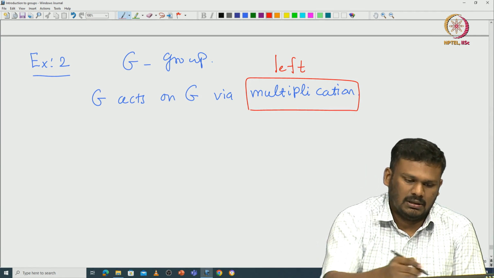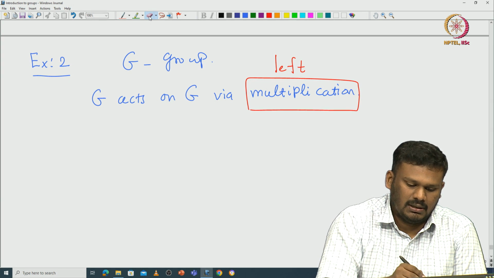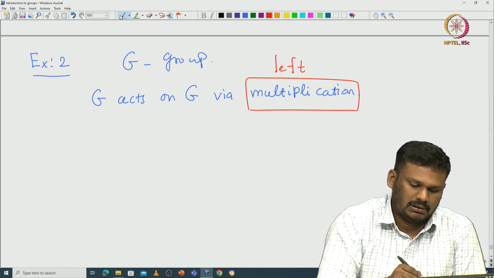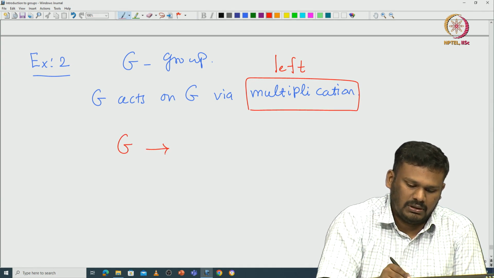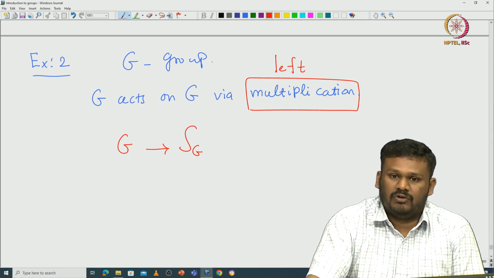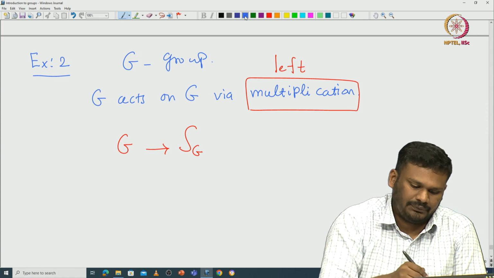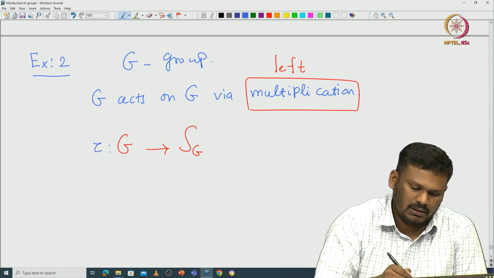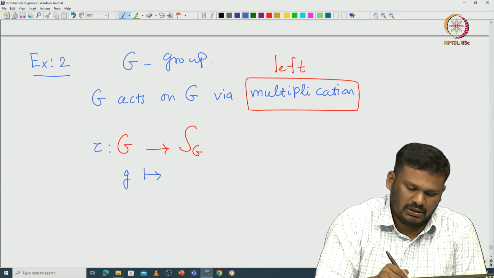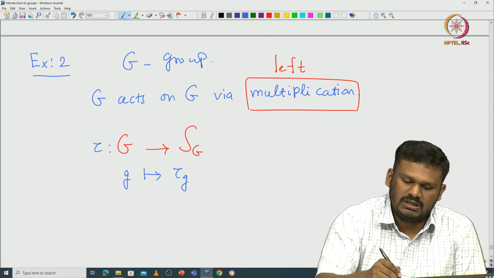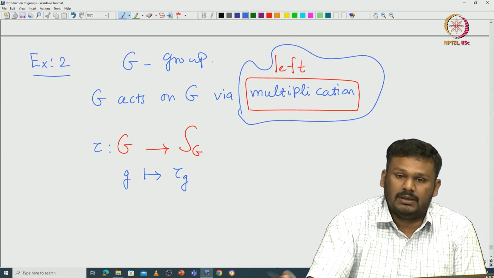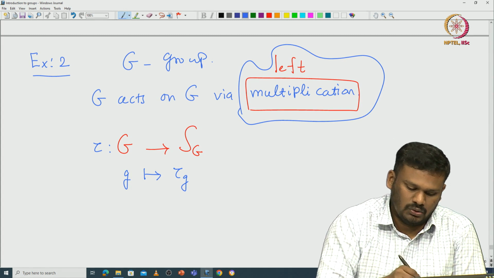Let us see. Given this group element, we want to define a map from G to SG. How can one define this? Let us call this tau again. Given G, we want to define tau G, and tau G is given by left multiplication.